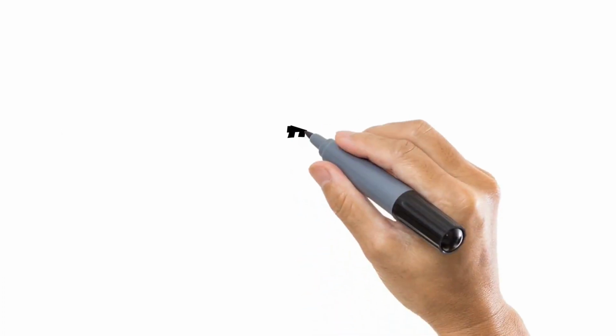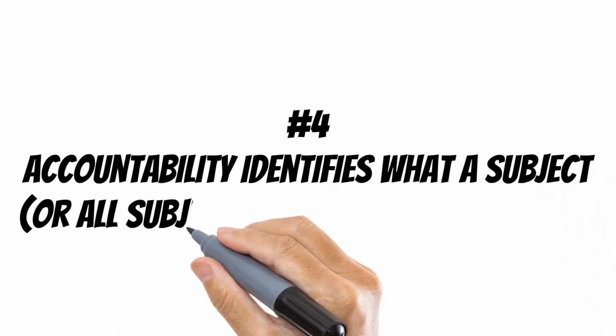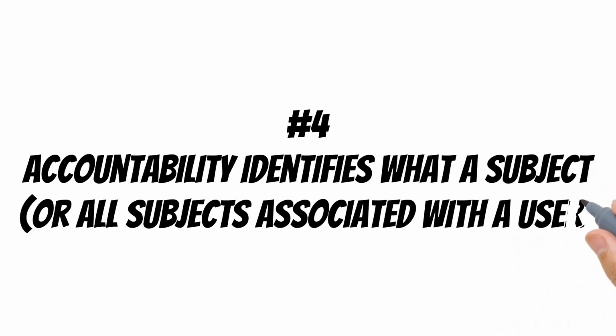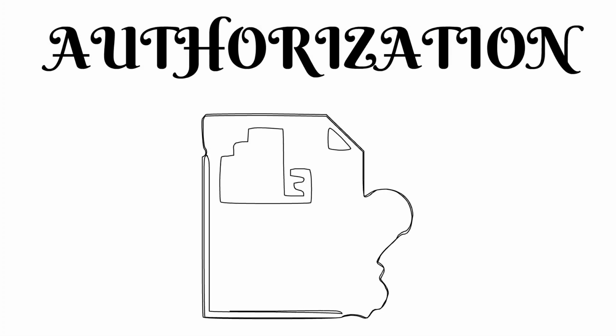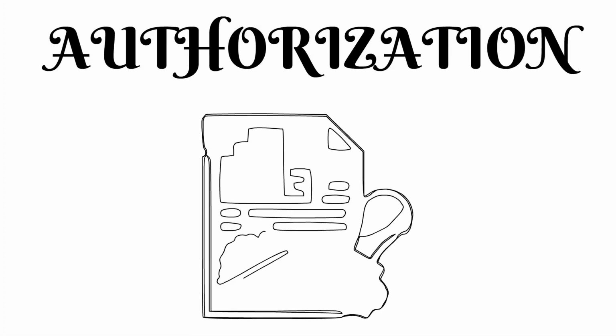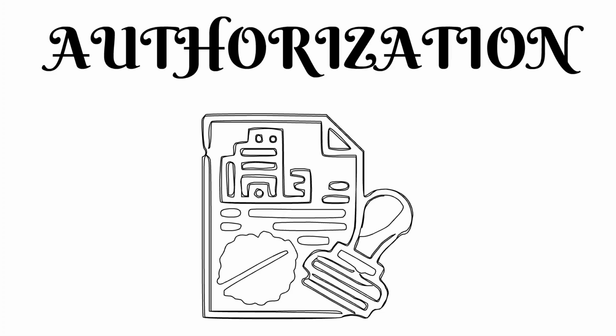Identification and authentication ensure that only legitimate subjects can log on to a system. Number 3. Access approval grants access during operations by association of users with the resources that they are allowed to access. Number 4. Accountability identifies what a subject did for all subjects associated with a user.